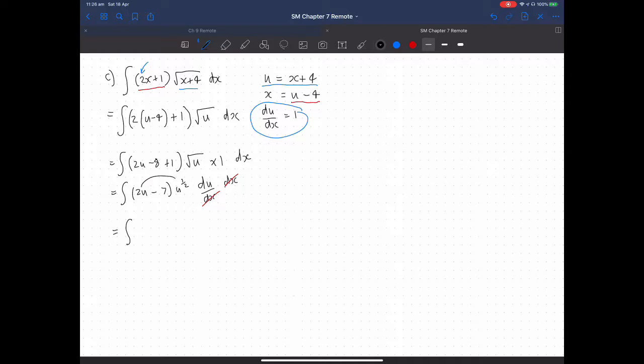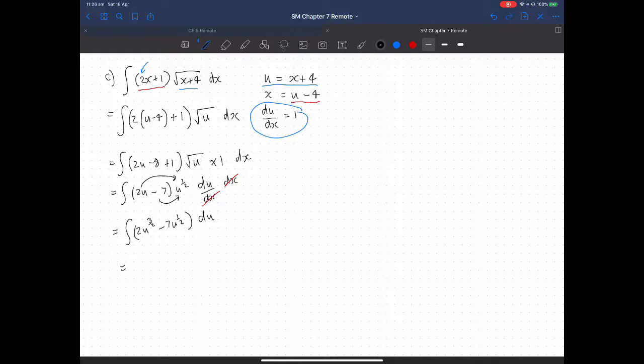We've got 2u times u to the power of 1/2. That will give us 2u to the 3/2, and we have minus 7 times u to the 1/2. And that is du.